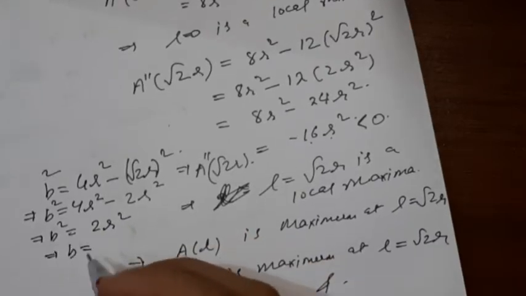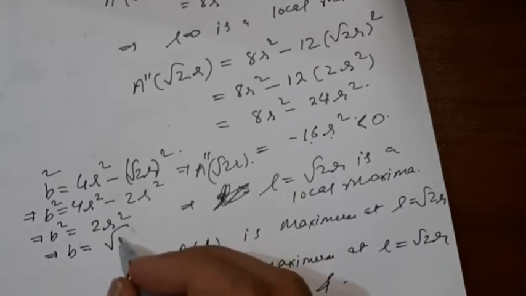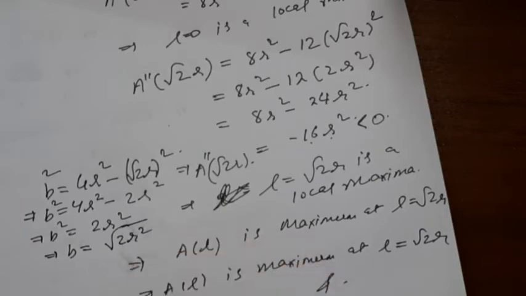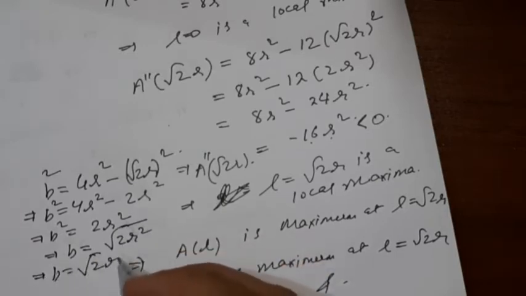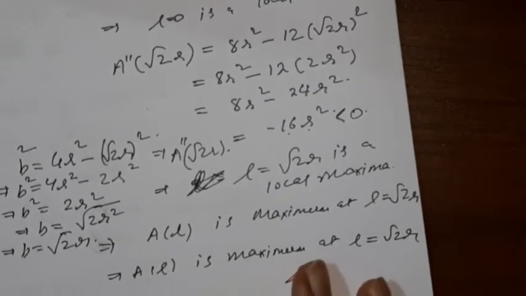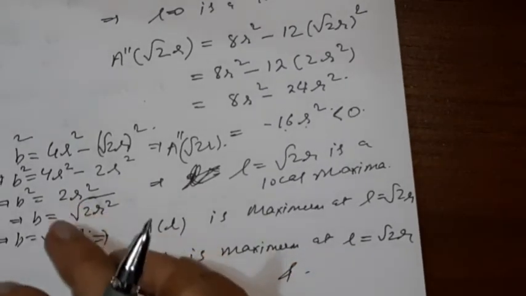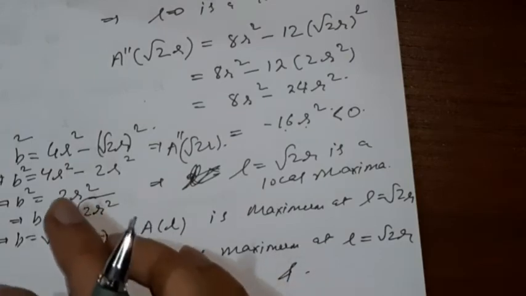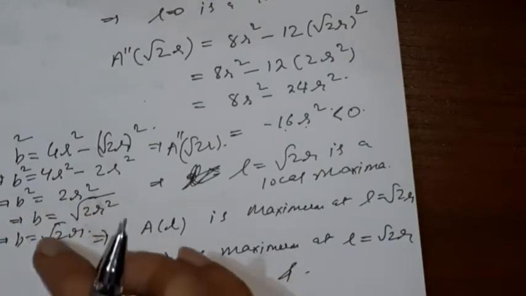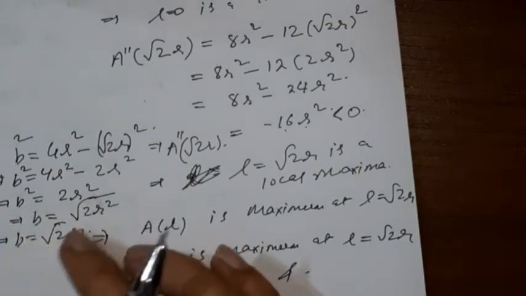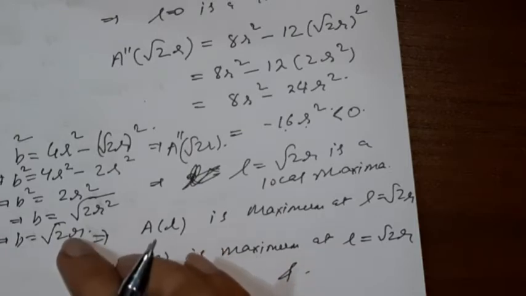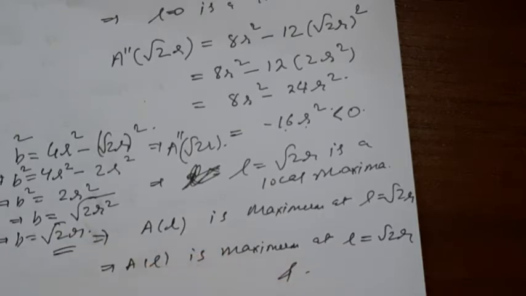So b is equal to root of 2r square, so b is equal to root 2 r. Again I am not taking plus and minus because breadth is also never negative. So breadth is equal to root 2 r.